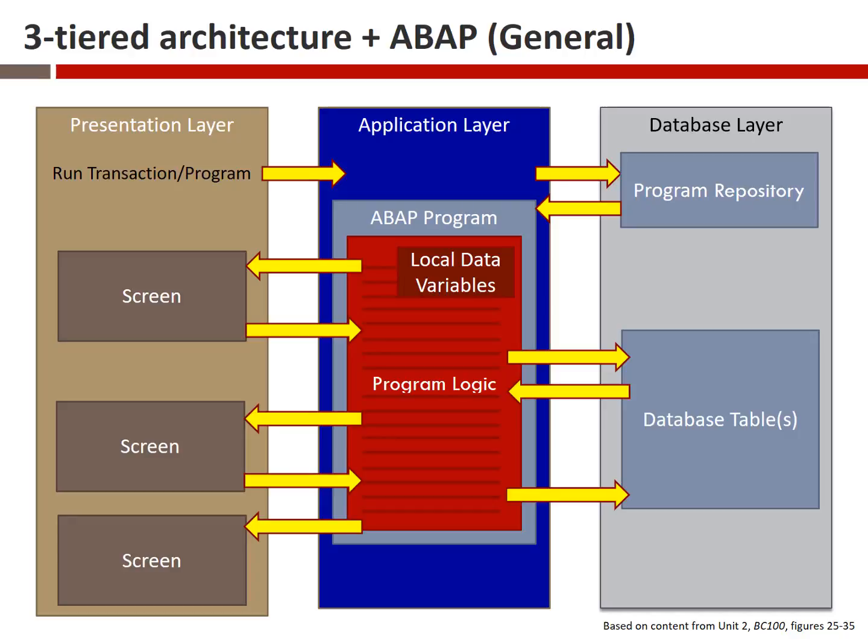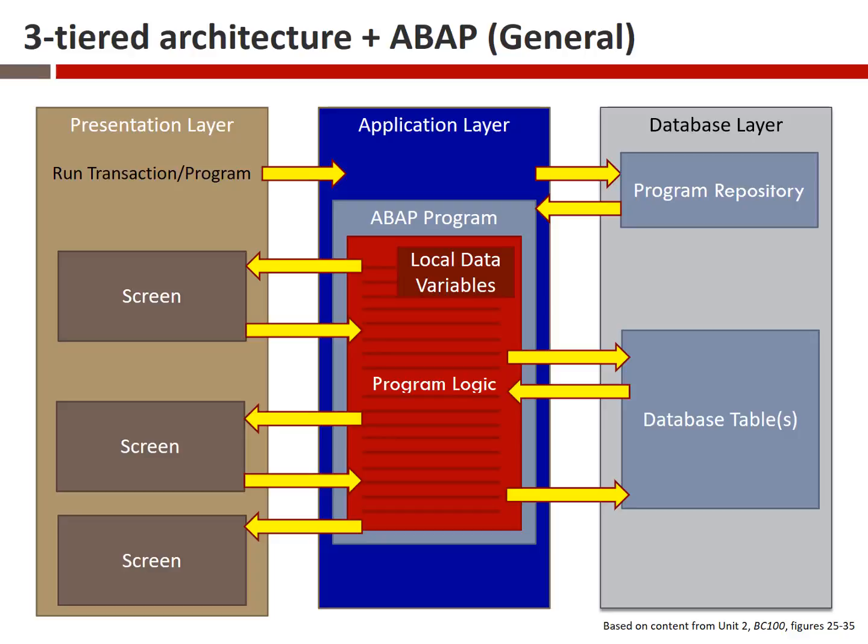They do something that results in a message being sent to the application layer. The application layer interacts with the database layer, and we now have this interaction back and forth between all of the different layers. So every one of these pieces is extremely critical.